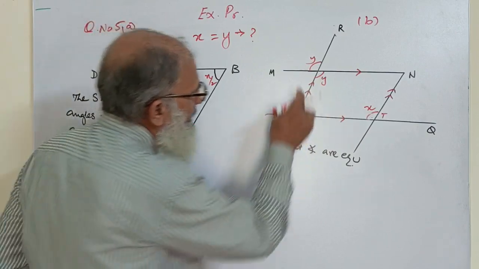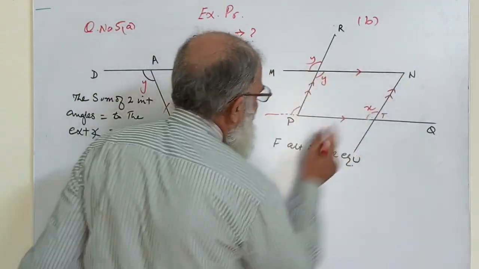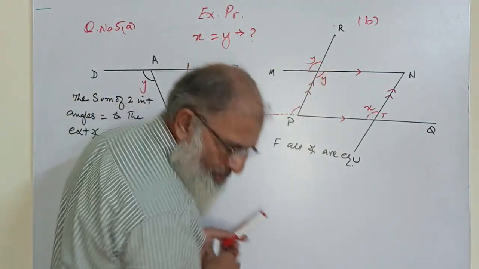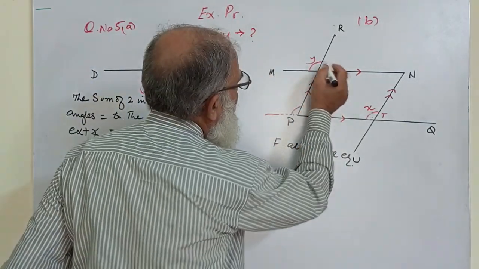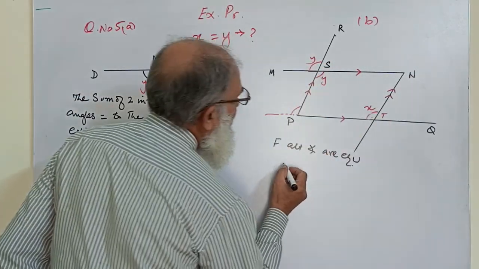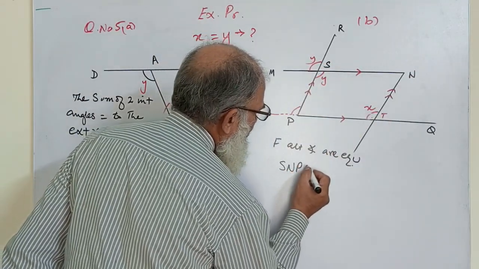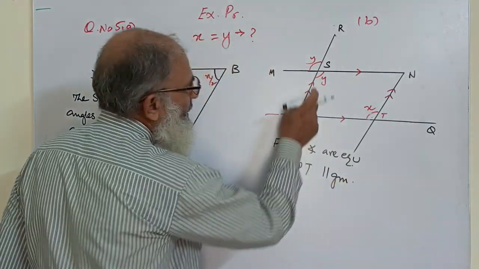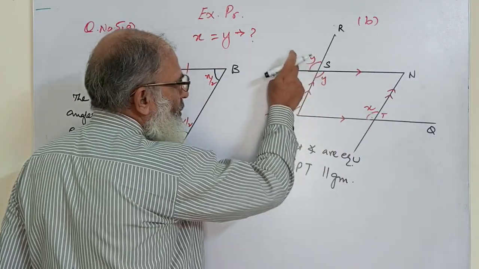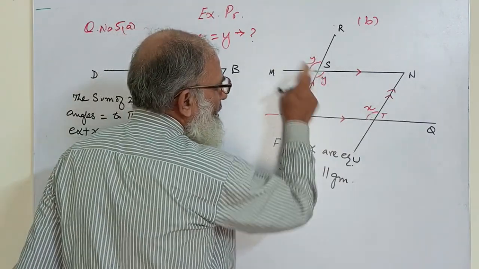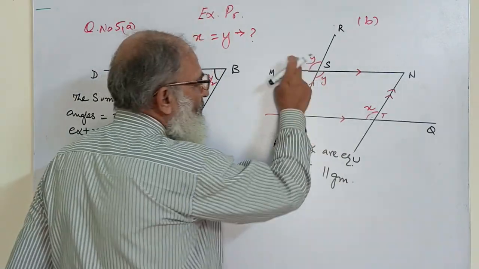And since this is a parallelogram, which one is the parallelogram? MS, SNPT. SNPT is a parallelogram. The vertically opposite angles are equal. So I have written here y is equal to y.